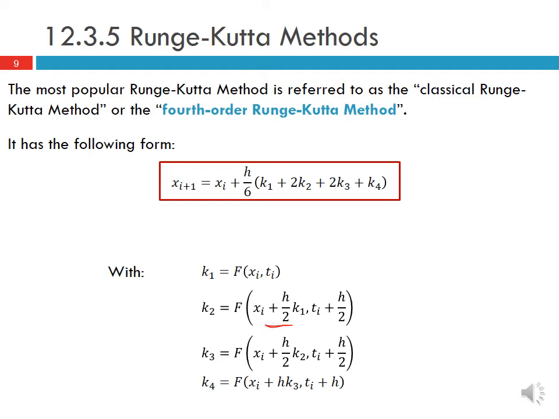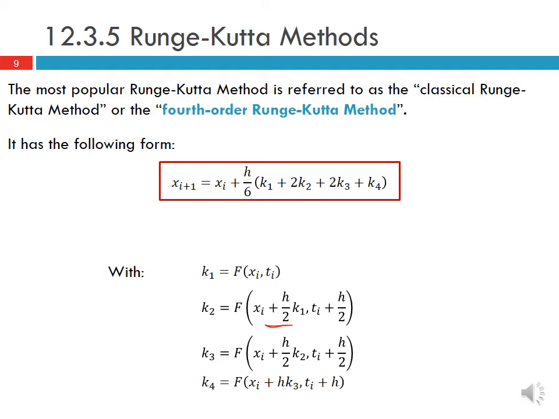Then k_3 is equal to f evaluated at x_i plus h over 2 k_2, and t_i plus h over 2, and then k_4 is equal to f evaluated at x_i plus h k_3, and t_i plus h.